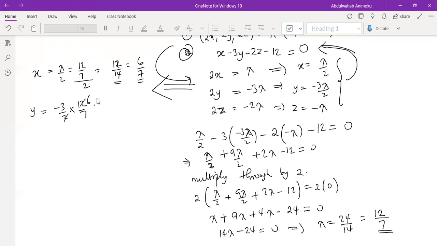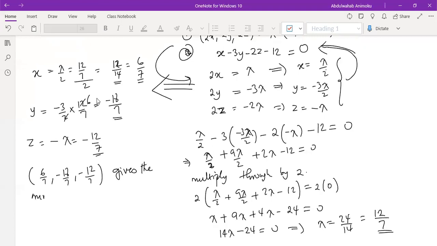So this gives us minus 18 over 7. And for z, we have minus lambda, which is minus 12 over 7. So we have x, y, z. So this point, 6 over 7, minus 18 over 7, minus 12 over 7 gives the minimum that we are looking for for f of x, y, z.